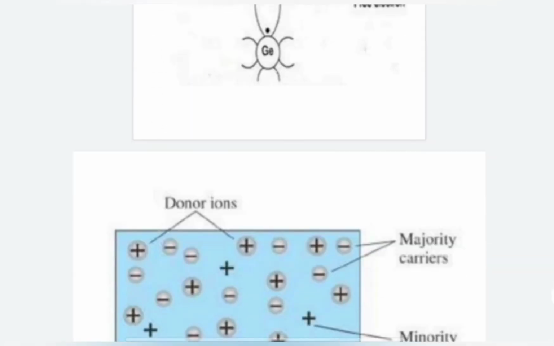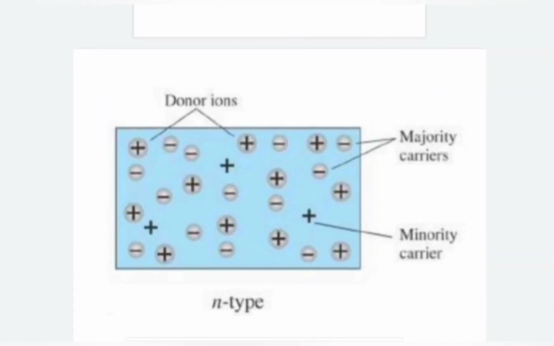Hence, majority charge carriers will be electrons, the negative symbol, and minority charge carriers will be holes, the positive symbol. As an electron is present extra here, and it is ready to donate an electron as it is not needed for bonding, these are called donor impurity. As an electron is lacking, or a hole is present in P-type, it is ready to accept an electron. So it is called acceptor impurity.